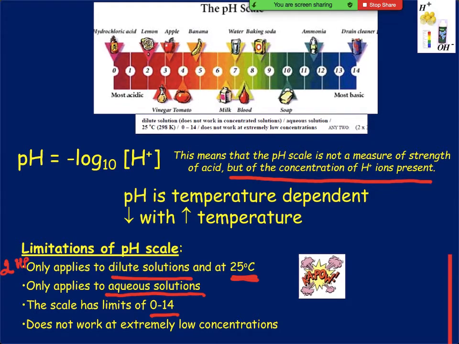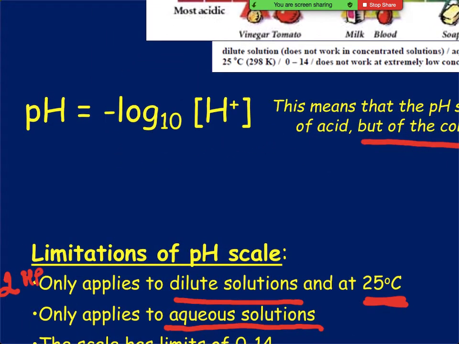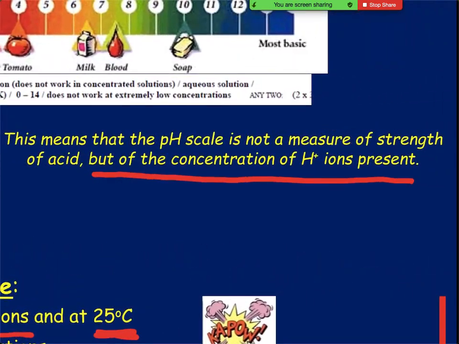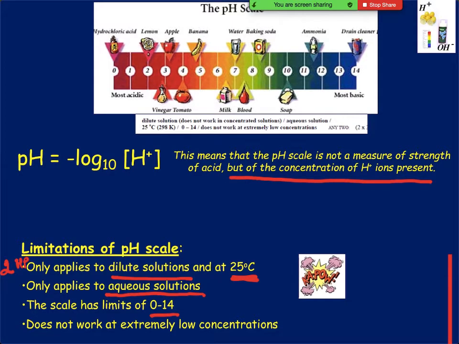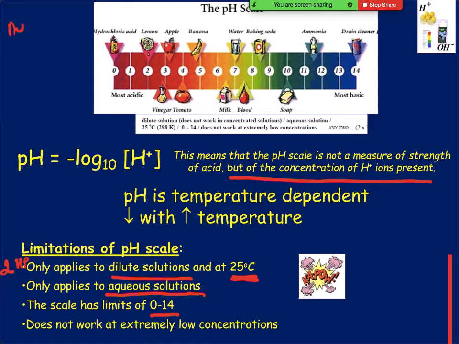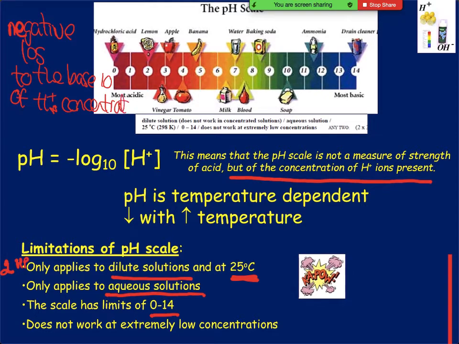Oh, I just realized I forgot what the definition of pH was in words. Forgot to write that down. Okay, so pH in words is negative log to the base 10 of the hydrogen ion concentration. You will never have to put it in words.